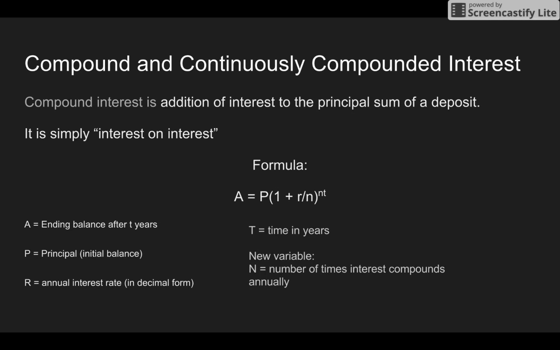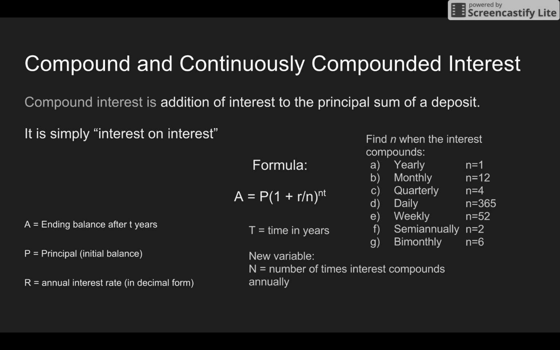The new variable N is the number of times interest compounds annually. Here's a chart where they will ask you to use N to solve the overall amount of money at the end.